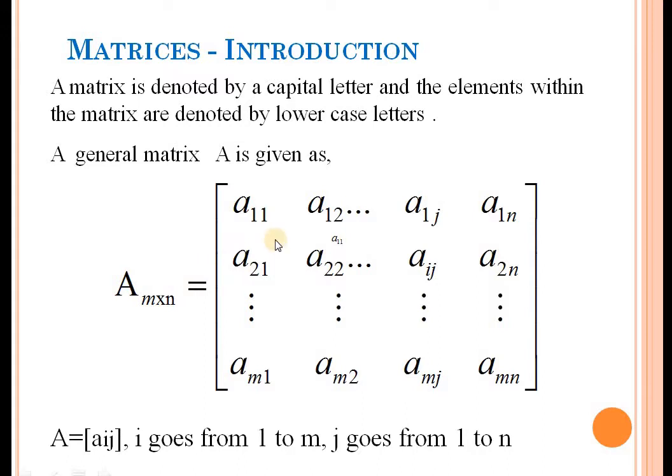If matrix A has m rows and n columns, then its elements are denoted as a11, a12, a1j, a1n, a21, a22, a2n, and the last row is am1, am2, amj, and amn. So in general, A is the element aij, where i goes from 1 to m and j goes from 1 to n.